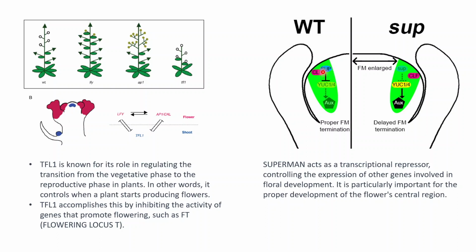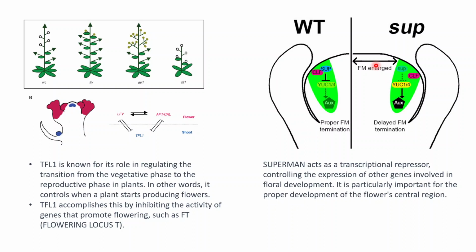YUC1/4. This is a protein which enhances the action of auxin along with its partner. When we have a SUP, Superman mutant, this YUC1/4 is not inhibited anymore and it can signal to auxin. Now auxin can increase the size of the floral meristem. So we have delayed FM termination, so the FM is large.